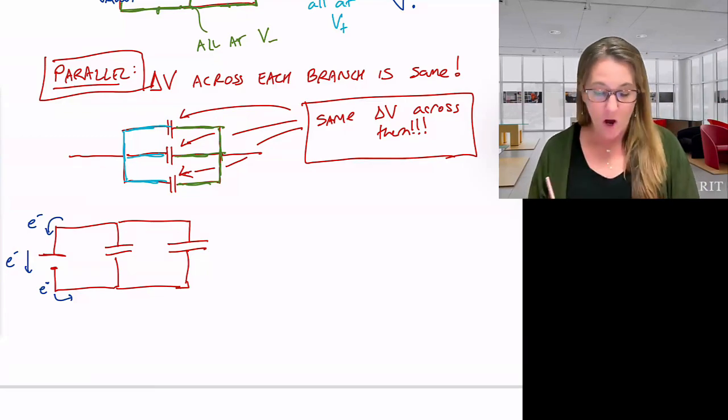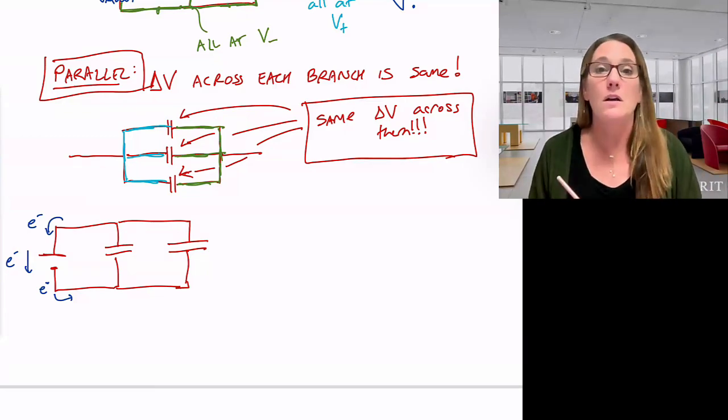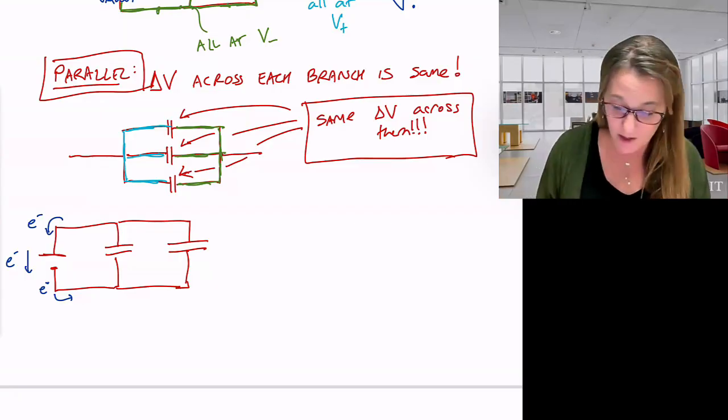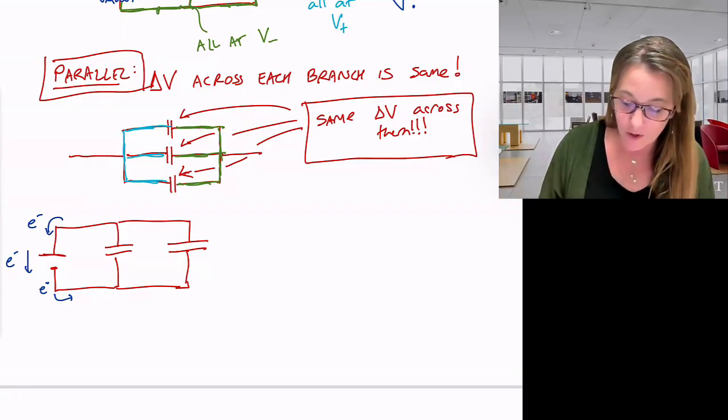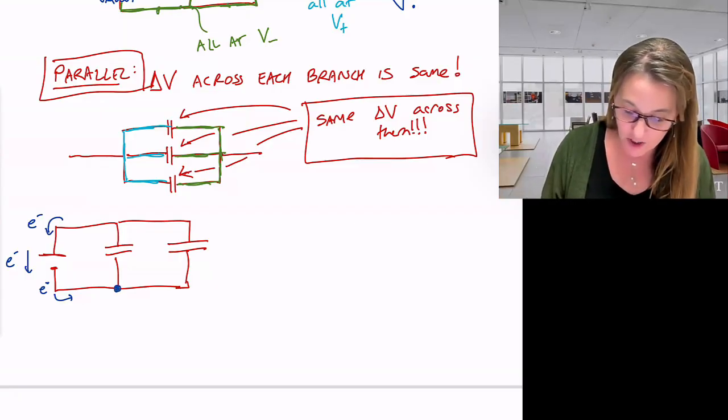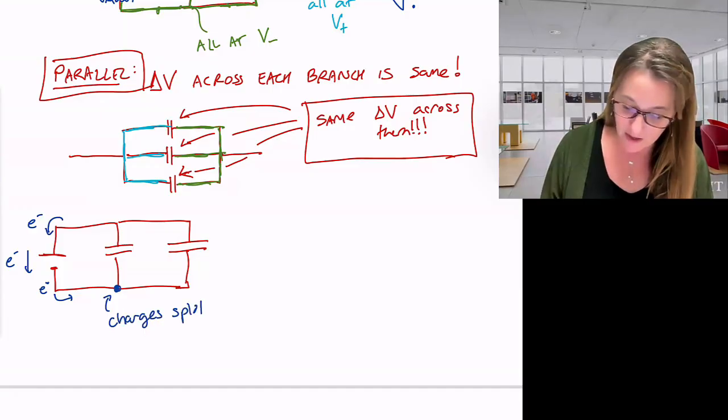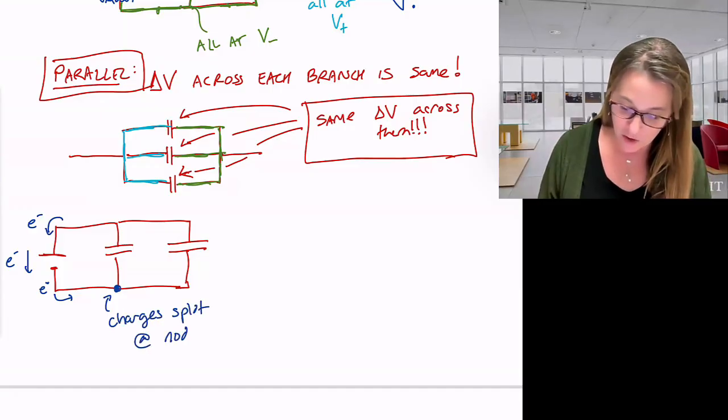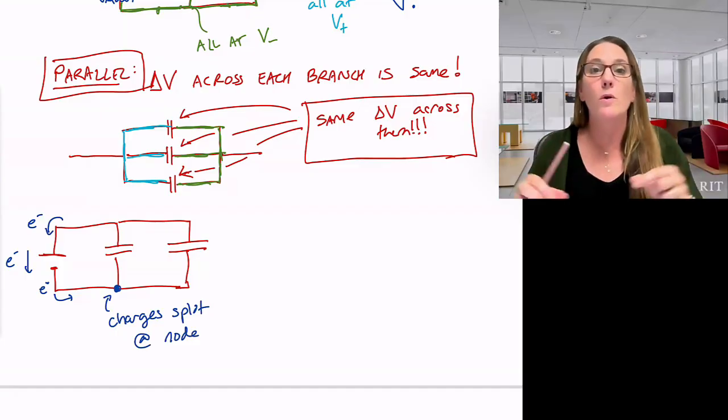And so they're going to be gaining the energy and going around, but they get to the junction and we know that the charges have to split at this node. They can't go both ways.